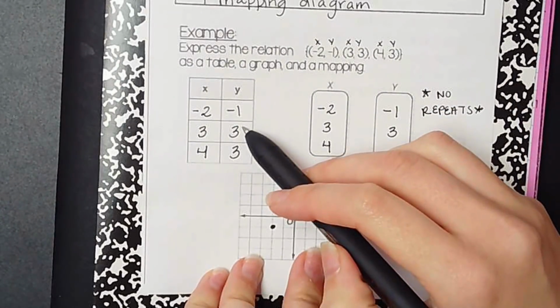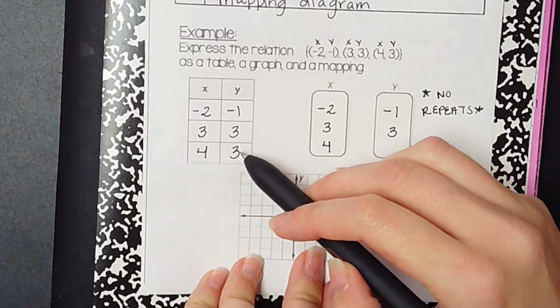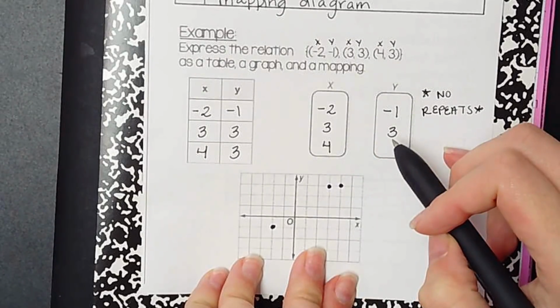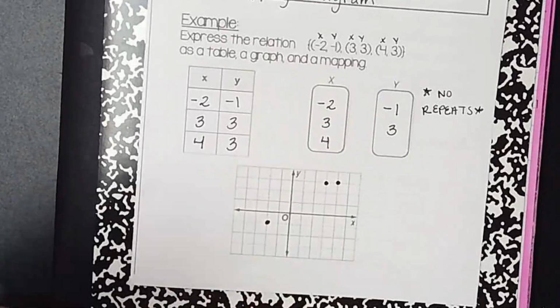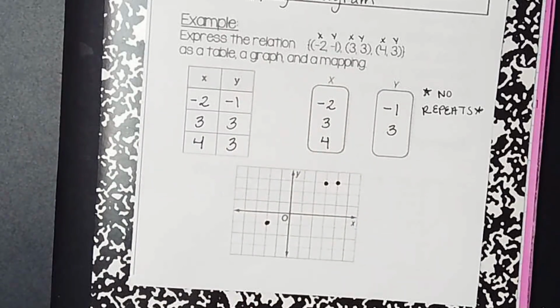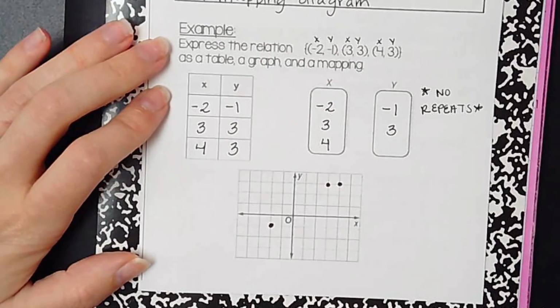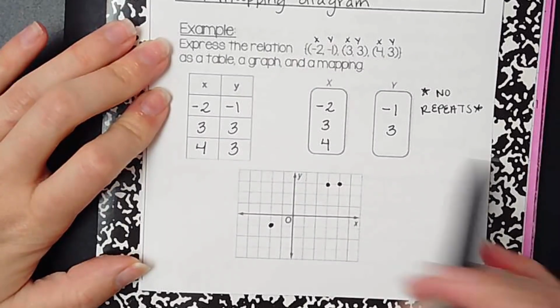So +3 shows up twice in my table, but in my mapping diagram, I only write it once. And that's because once I start drawing in my arrows, I'm not going to need 2 3s in there.